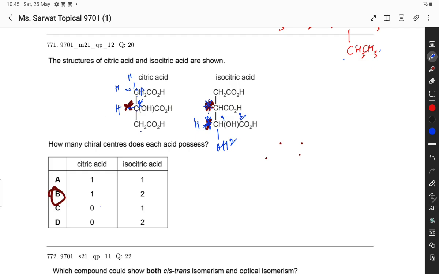Citric acid has one chiral center, because a chiral carbon is one surrounded by 4 different groups.